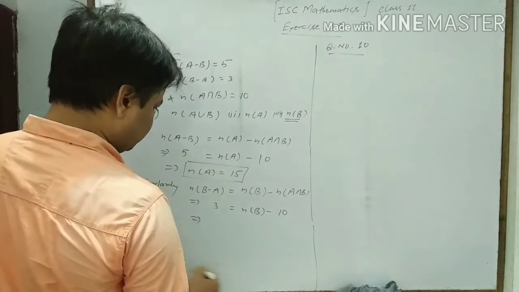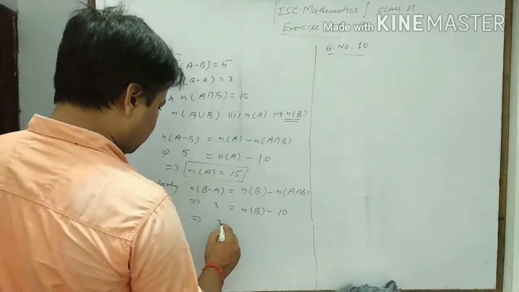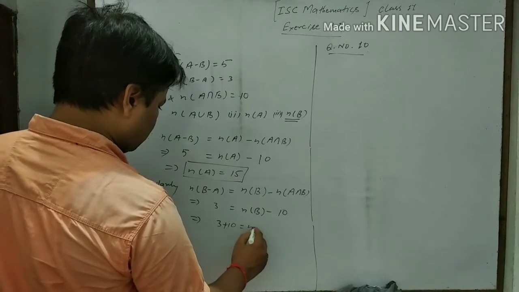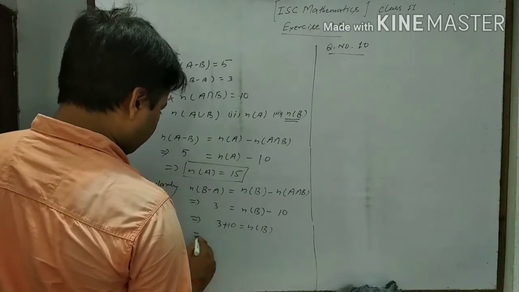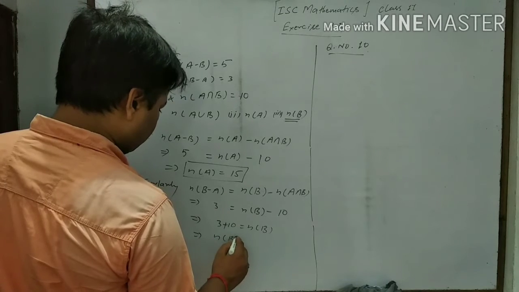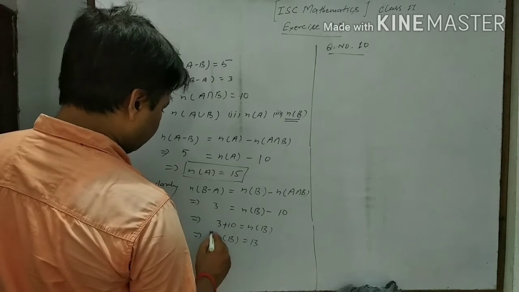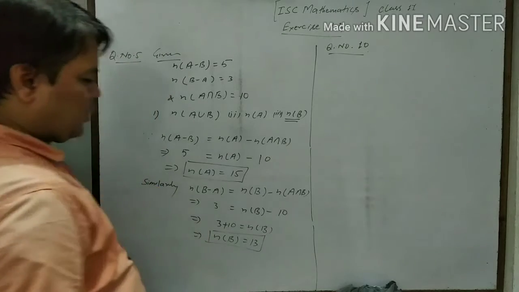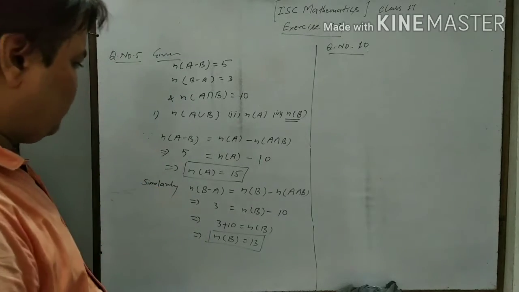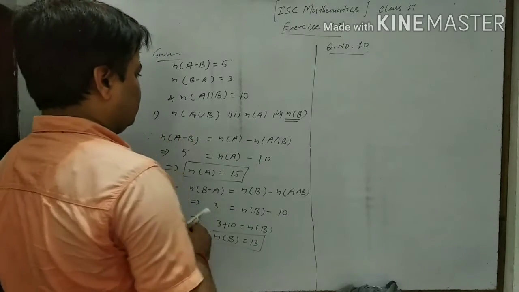So transferring, 3 plus 10 is equal to cardinal number of B, means cardinal number of B is equal to 13. Okay, now we have to find A union B.